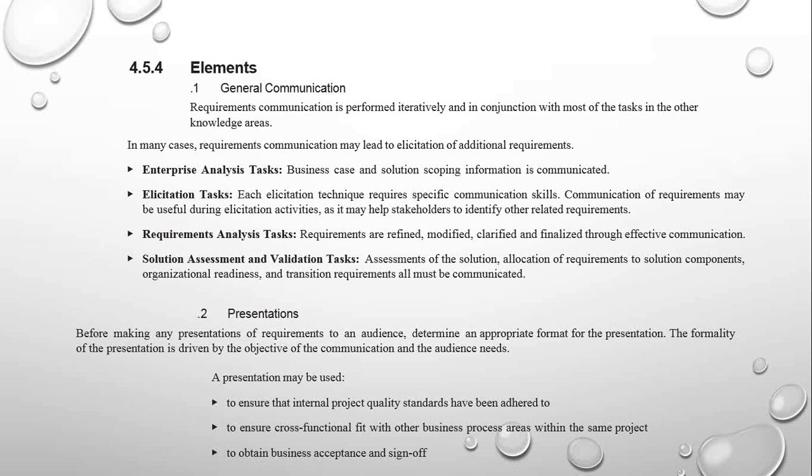When you have the solution assessment and validation task, that means whatever requirement you have created, you first finalize it and do the feasibility analysis, and find out what are the components involved for the solution. Once you have that, you know that you did the assessment for your solution and now you are validating it.